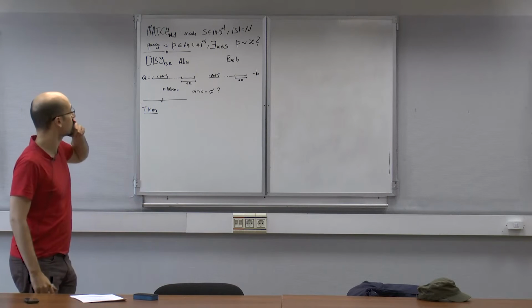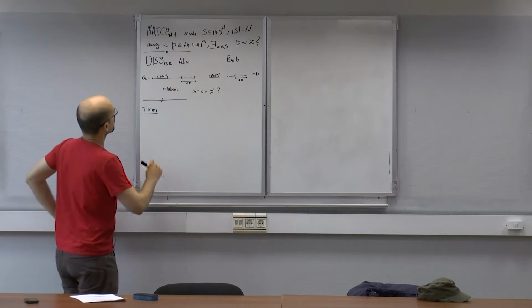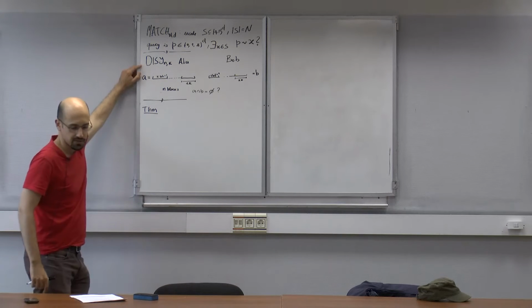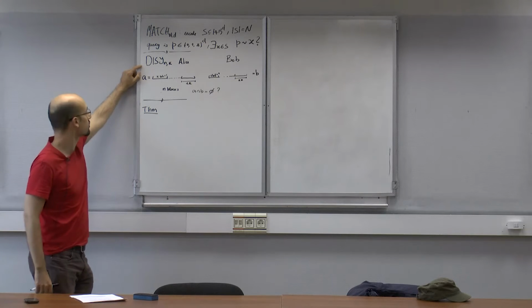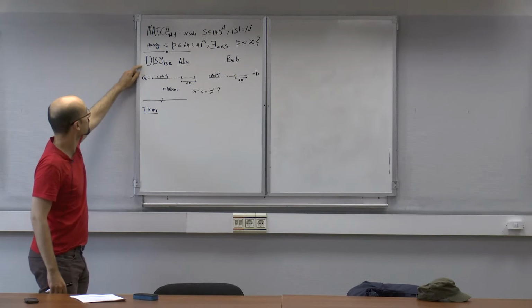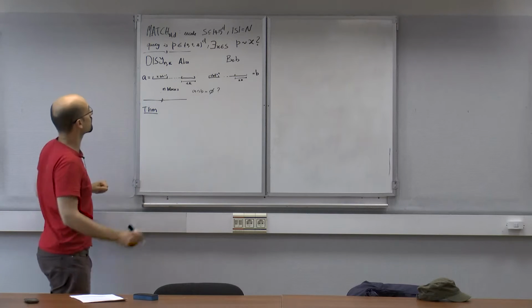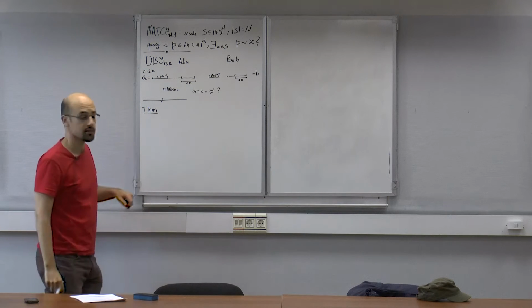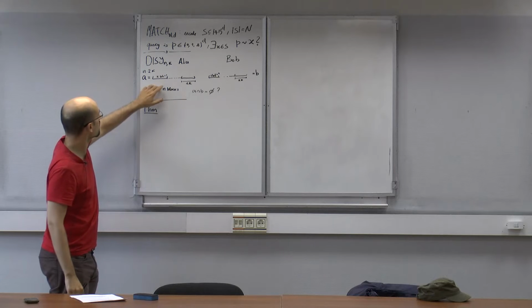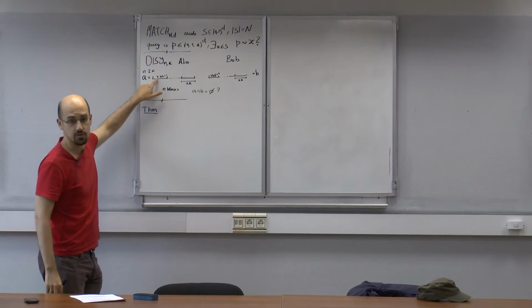I showed you the following theorem. So we have this asymmetric variant of the disjointness problem. In this variant, Alice and Bob get some Boolean strings, and each string has n times 2k bits. Each player gets a string, and these strings have n blocks of 2k bits each.